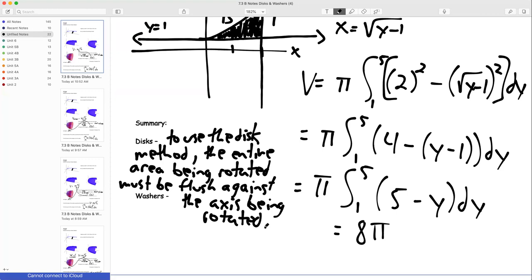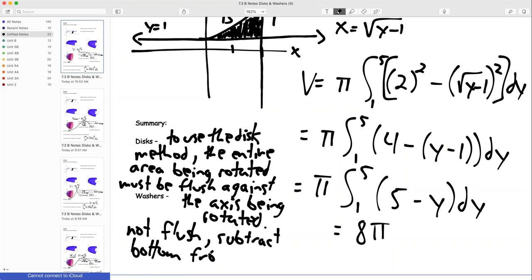Washer: the washer is not flush. And then we're going to subtract bottom from the top. Of course, those are squared because they are the radius of our surface.